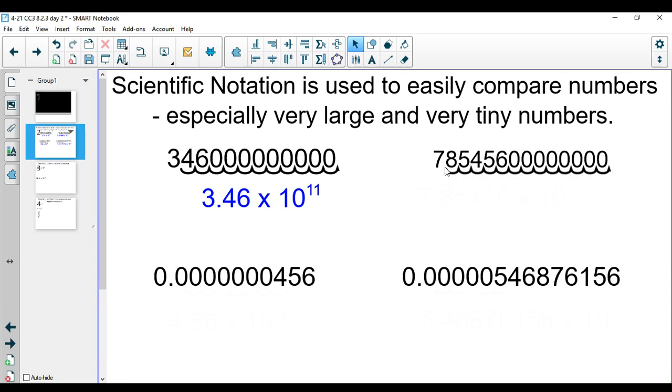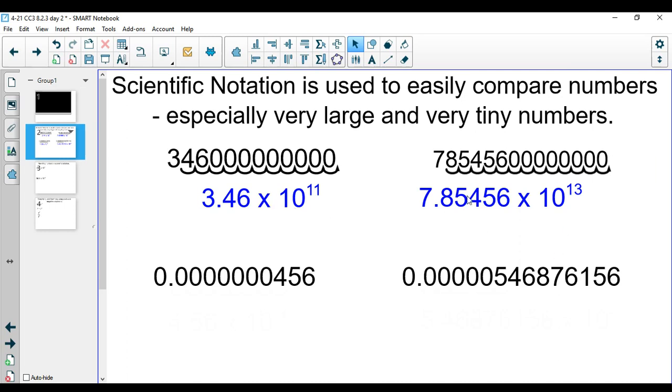It doesn't matter whether there are digits in there or whether it's a 0 that kind of holds that place value. We write 7.85456. We don't have to put the string of zeros after that, times 10 to the 13th, because when I put my decimal right here, the decimal needs to move over 13 places to equal our original number.